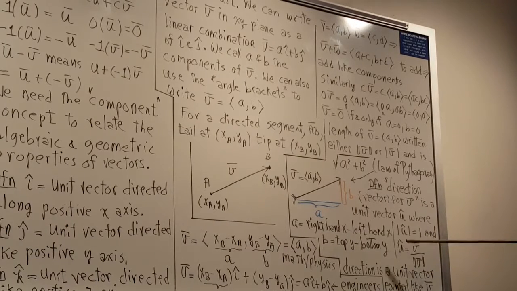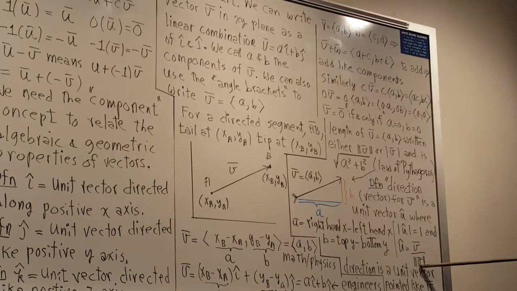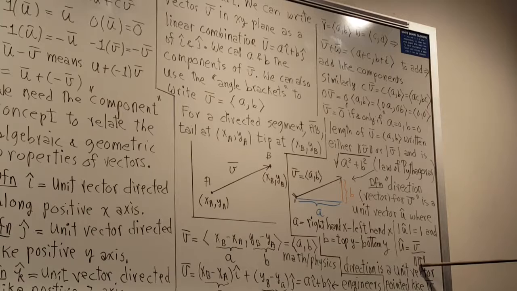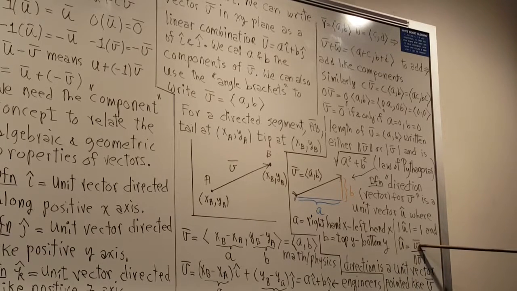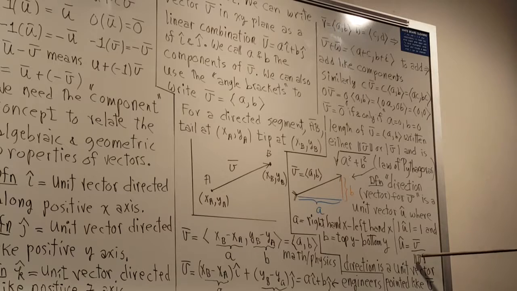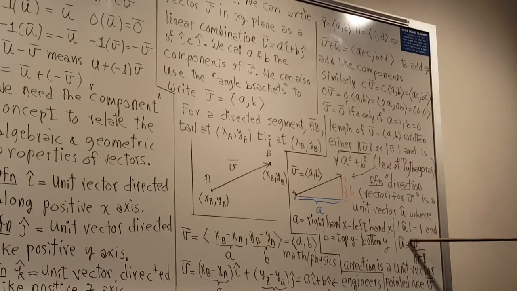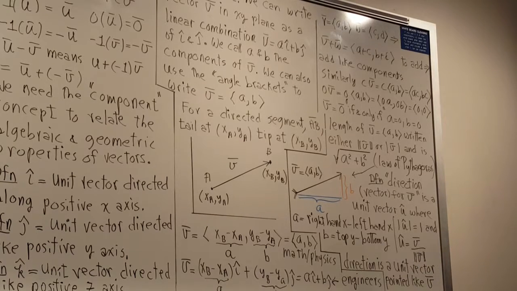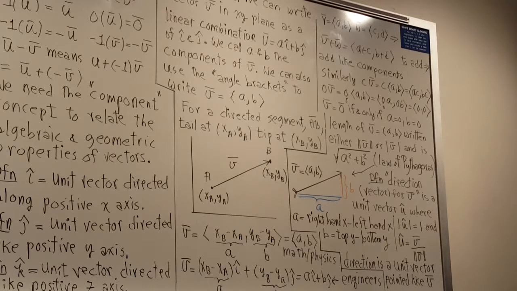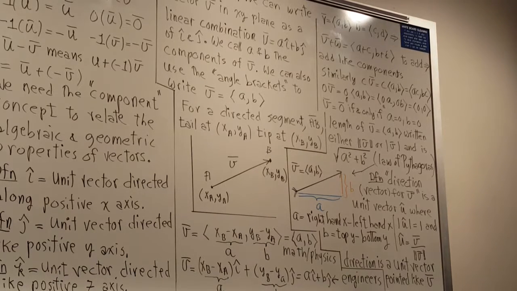It has length 1 because you're dividing by its length, and it points the same way V does because it is the scalar 1 over length V times V. And if you multiply by a scalar that's a positive number, your two vectors are going to point the same way.